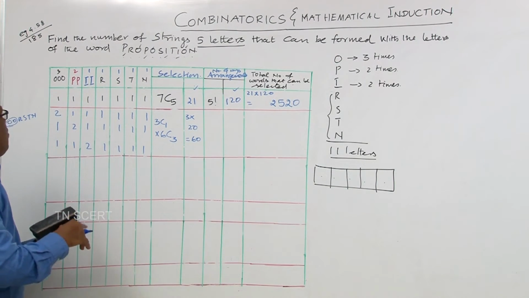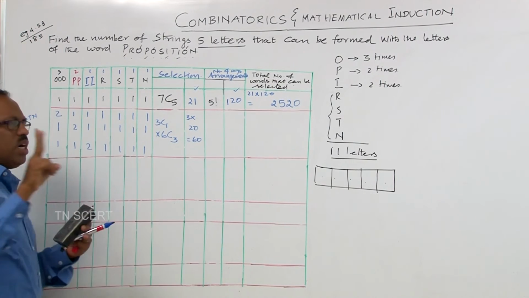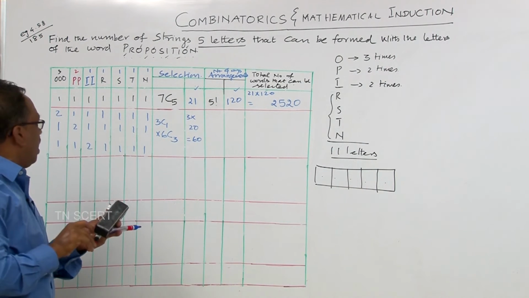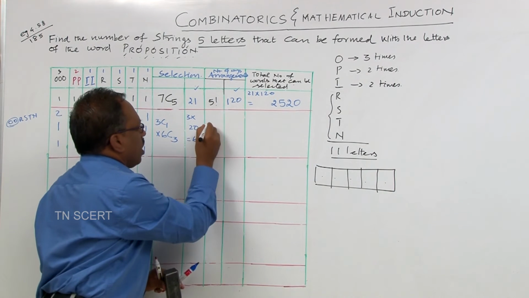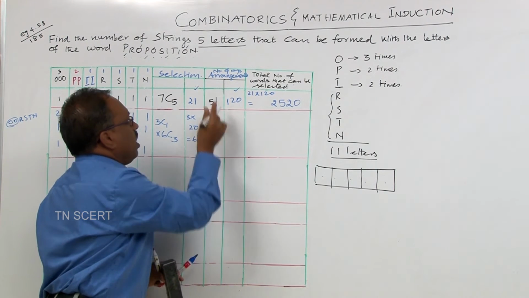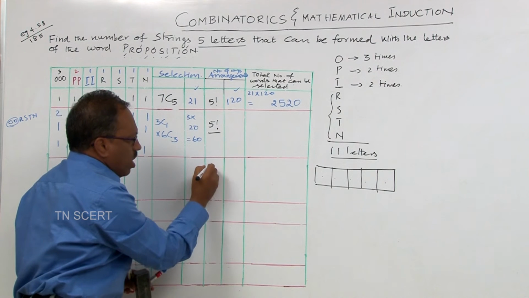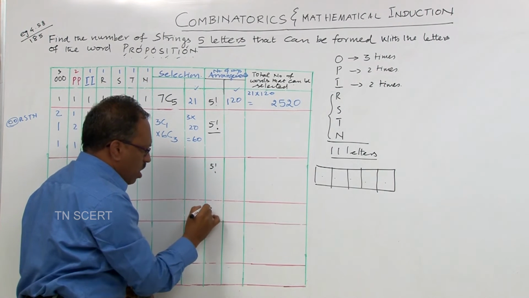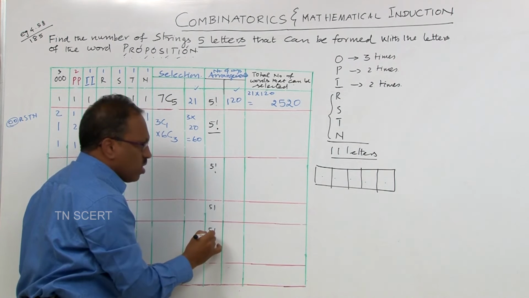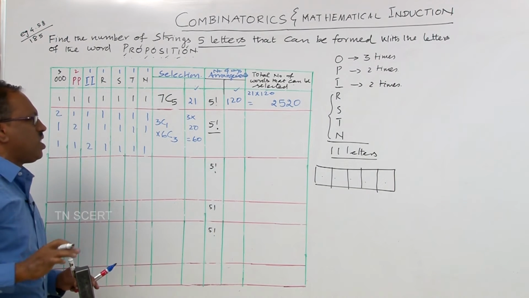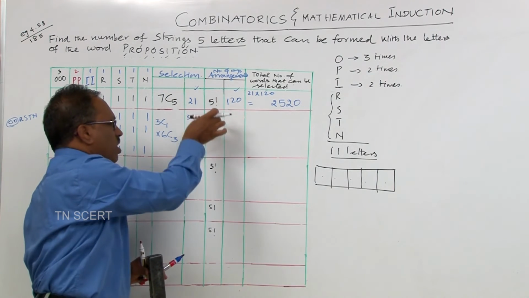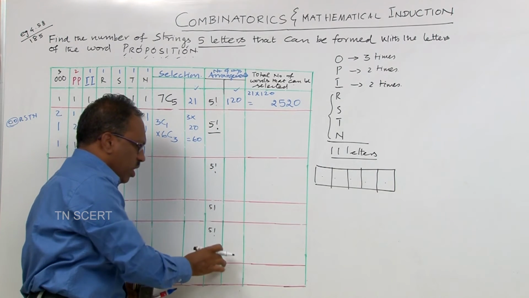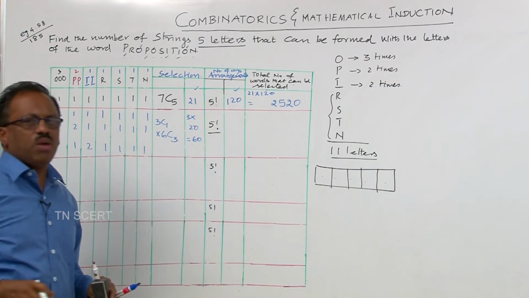So the letter O is repeated twice here. Actually, a 2-letter word is repeated; how many ways? Totally 5 factorial. In all the cases it is 5 factorial, remember that. This 5 factorial is fixed everywhere, depending on the cases it will be adjusted.